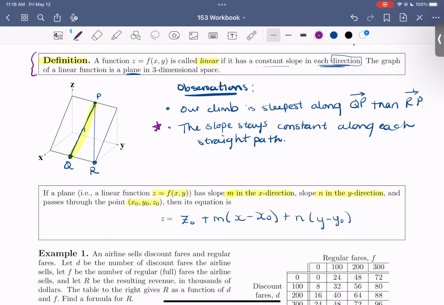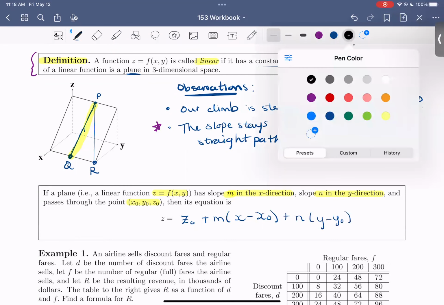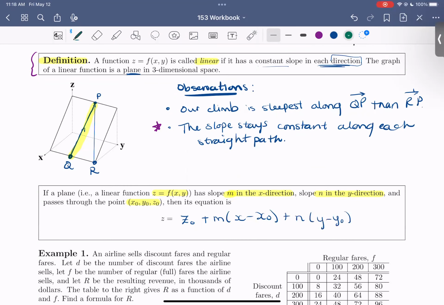So does this look familiar? We can see that we're kind of seeing that equation of a line in two dimensions in this formula. So recall that the point slope form for a line looks like y minus y naught equals m times x minus x naught.